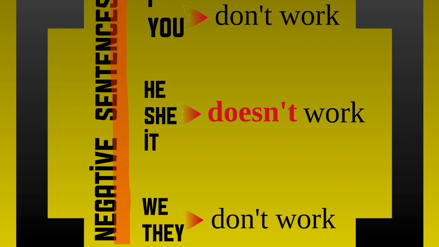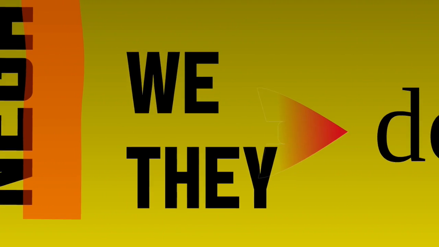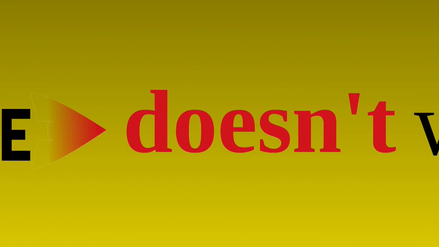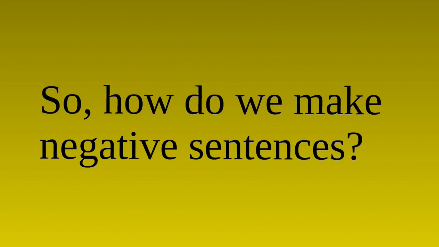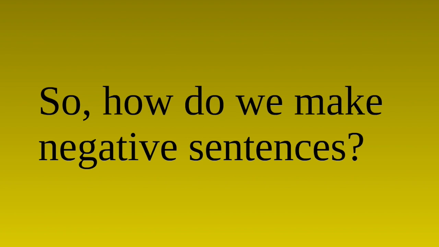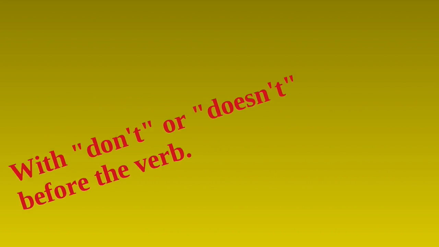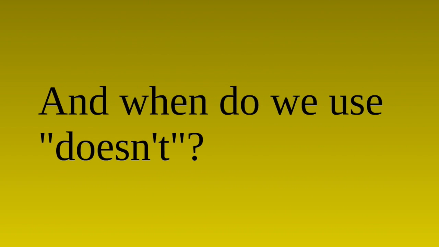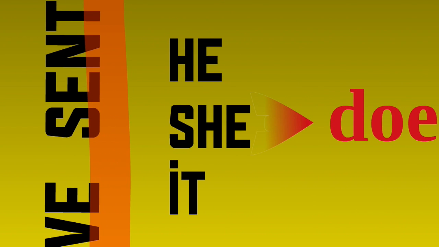But for he, she, and it, we add doesn't, plus the infinitive. So how do we make negative sentences? We add don't or doesn't before the verb. And when do we use doesn't? He, she, and it take doesn't.